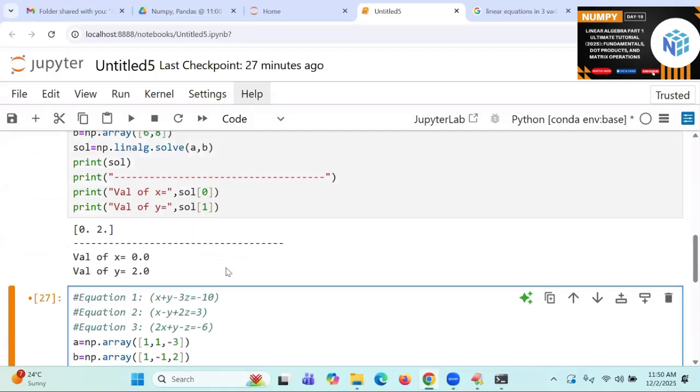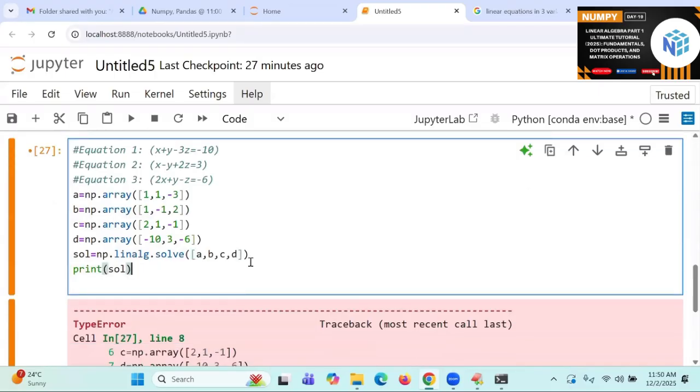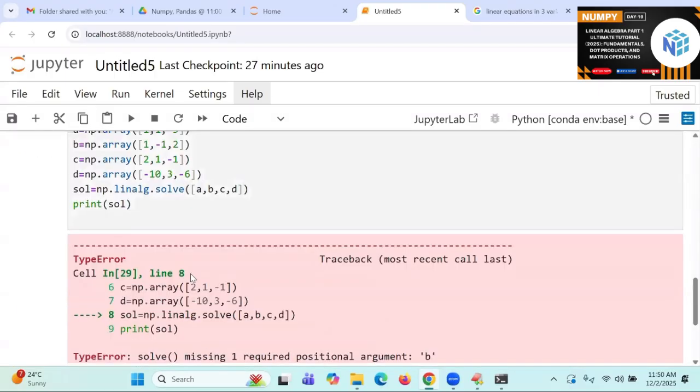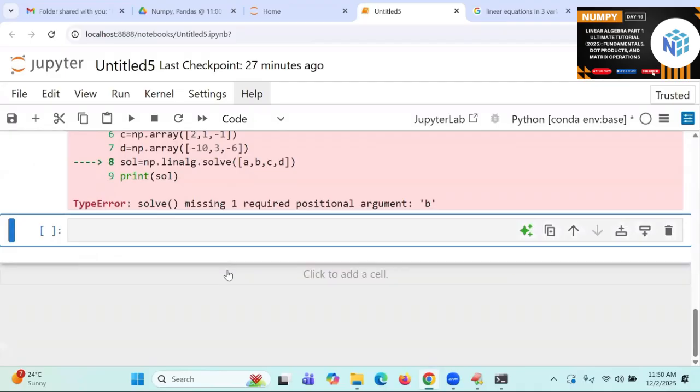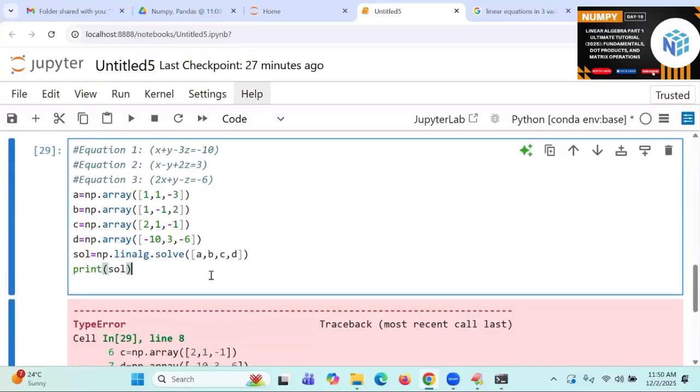What is the problem here? linalg requires one missing parameter. A, B, C, D.